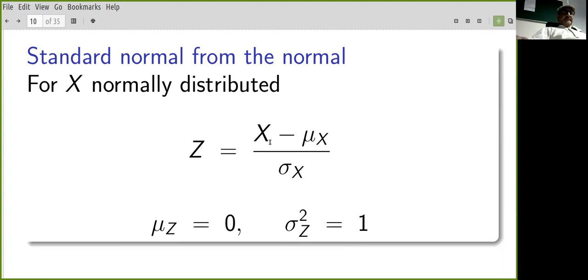We do it this way. We take X, we subtract off its expectation, and we divide by its standard deviation. And then the new variable that you get is in fact the standard normal. It will also be normally distributed just like X, except now its expectation will be 0 and its variance will be 1.